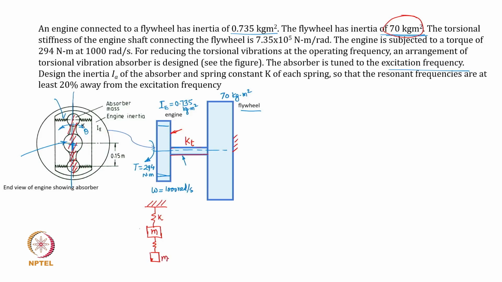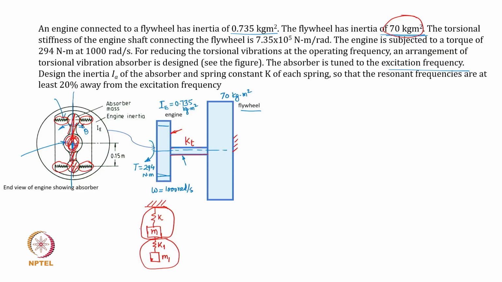So this is the absorber, and this stiffness K1, so let me keep the notations the same and write here as M1. Now M1 is nothing but the inertia of this particular link, and K1 represents the combined stiffness of these 4 springs, which is going to be the resisting elements for the free torsional motion of the link. So it actually means that this is my primary system and this is my absorber system. The absorber system is all shown here.